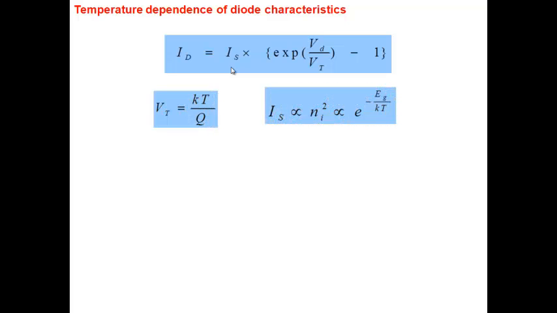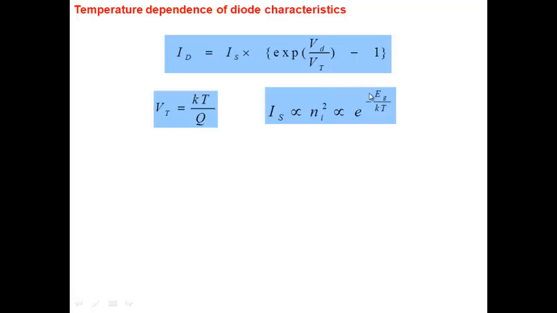Let me show it to you. So this should be a small q here. Look at this term: IS is proportional to intrinsic carrier concentration. It goes as e to the power minus Eg by kT. What is Eg? Eg is the energy gap of silicon.